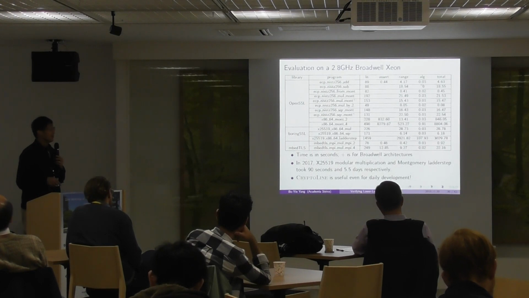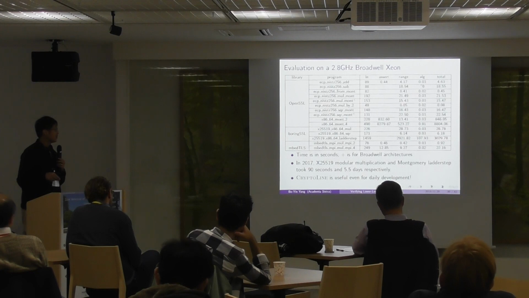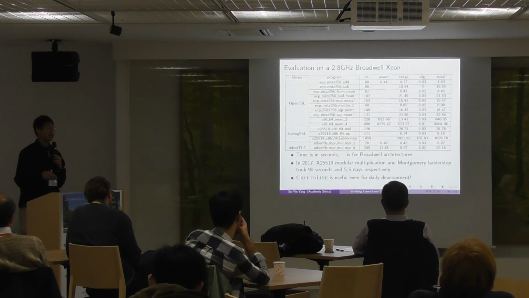Okay, so this is the evaluation of the tool on a very common server CPU, a 2.8 gigahertz Broadwell Xeon. And we can see that everything gets verified. The times are in seconds, and some of the routines are specifically written for Broadwell.